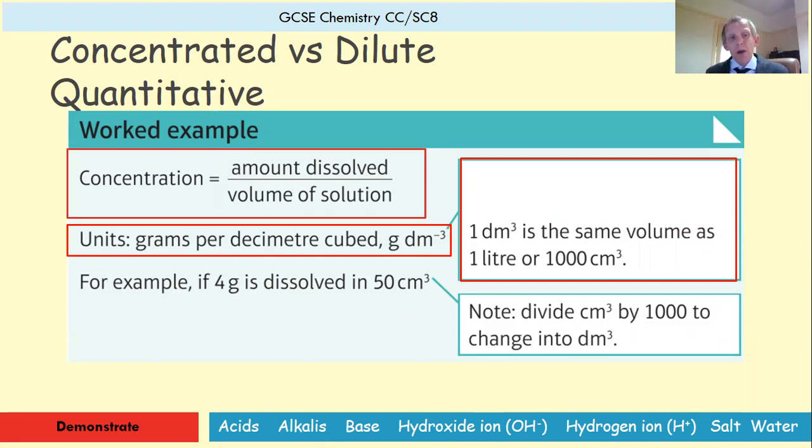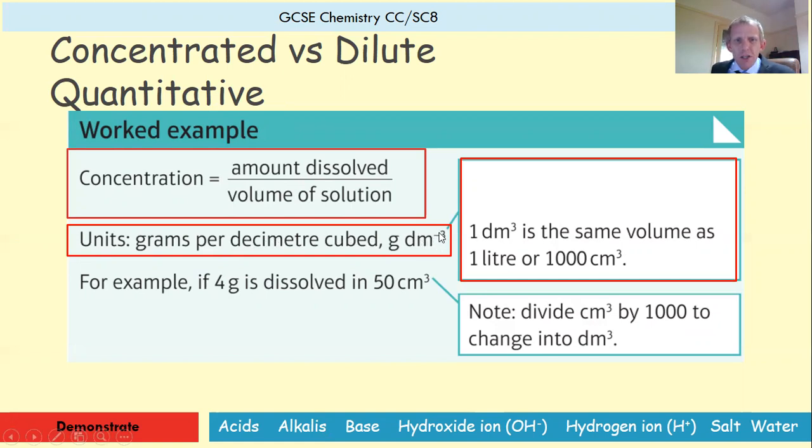Also, when we talk about concentration, we use a unit. I don't know if it's a unit that you will have come across, but we use grams per decimeter cubed. I've got a red box around both of these, so I will give you a chance to pause it in a second and record it.